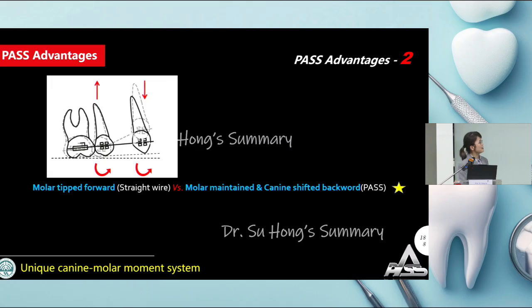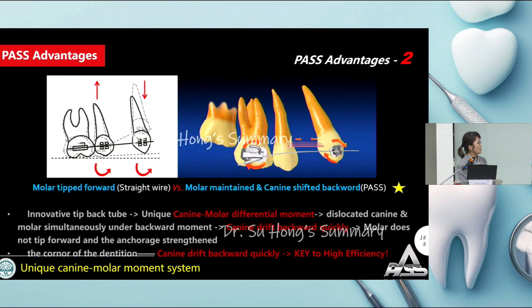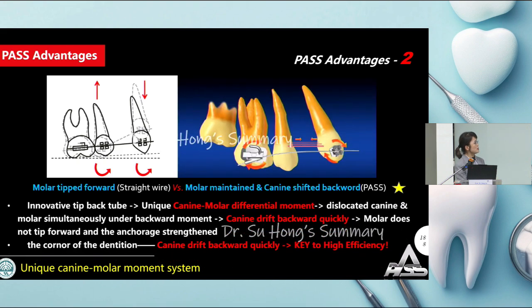For another advantage, when we use a Spee-wire system, the molar would be tipped forward. When we use the PASS system, the molar is maintained and the canine shifts backward spontaneously. The innovative tip-back tube can provide a unique canine-molar differential moment, the 3-6 differential moment, and move the canine and molar simultaneously backward.